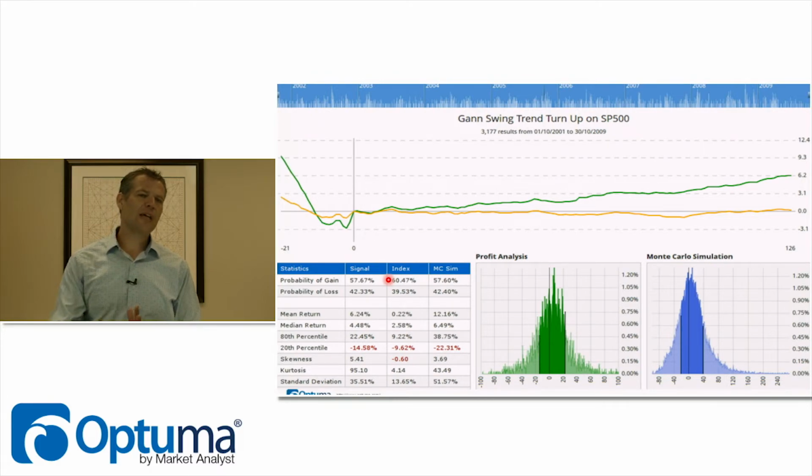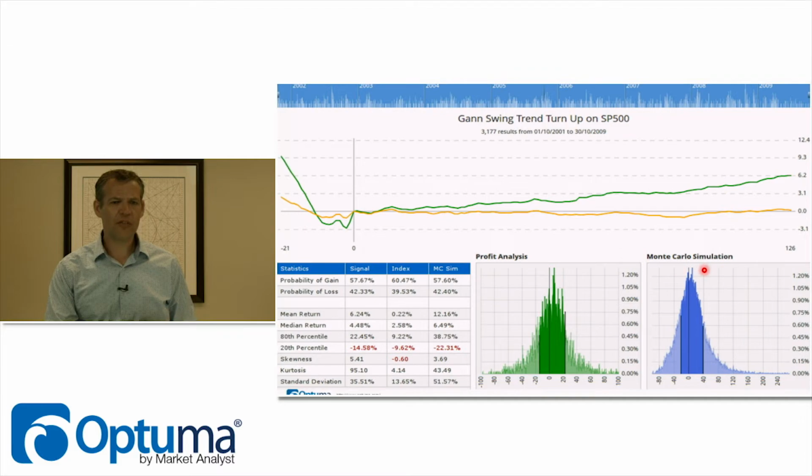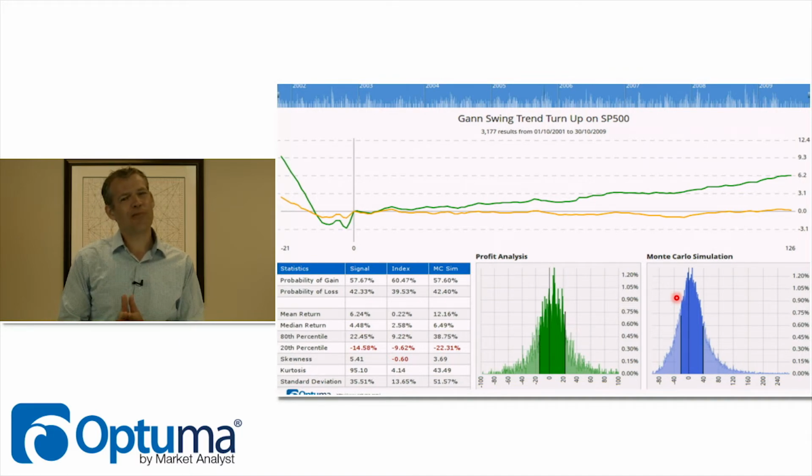The Monte Carlo here is not as impressive, because whenever I do Monte Carlo, I like to try and get to 1 year, so I can use Monte Carlo as a proxy for annualized returns. So I'm only taking 2 signals, randomly picking 2 out of the 3,000 signals, compounding those returns, but doing that 20,000 times.